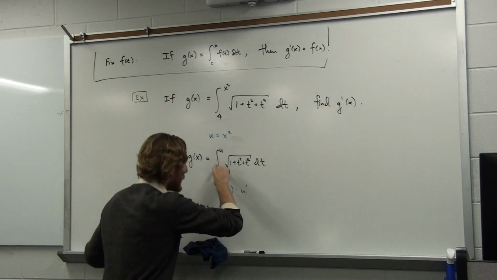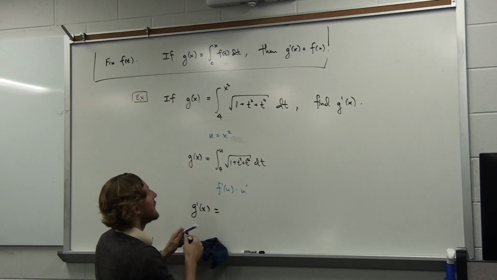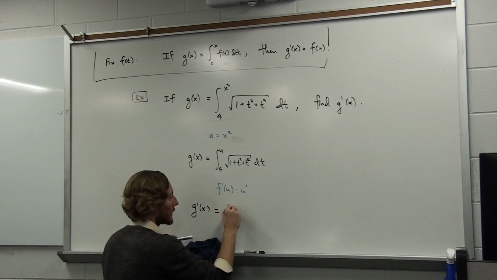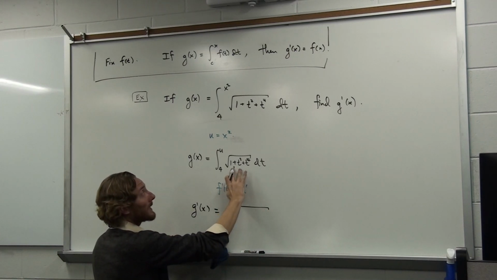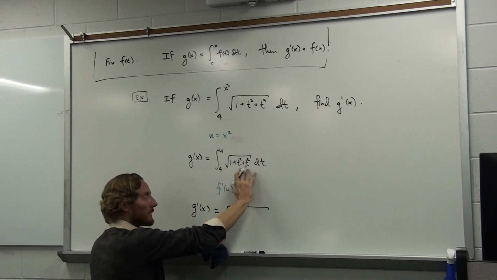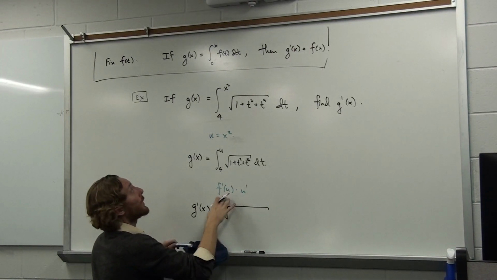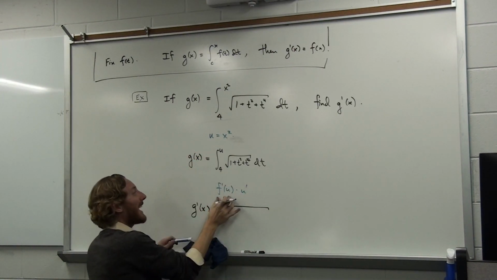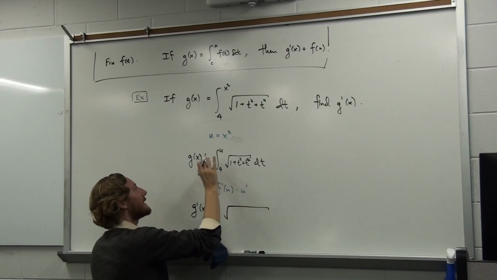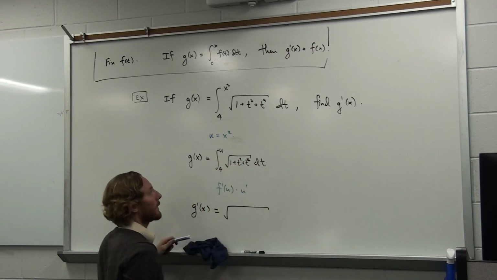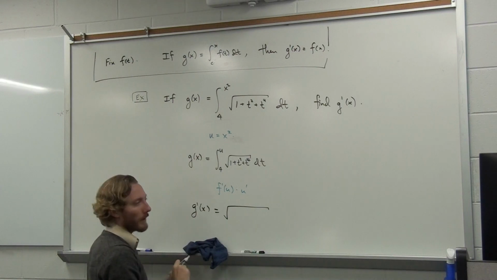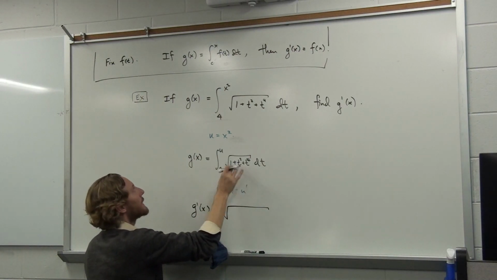The derivative of this integral is going to be the original function, but not the original function just in terms of t or in terms of x. It's going to be the original function with u plugged in, because f prime of u means we need the derivative of this integral with u plugged in. We know the derivative of the integral is the original function, but now we need to plug in the u.